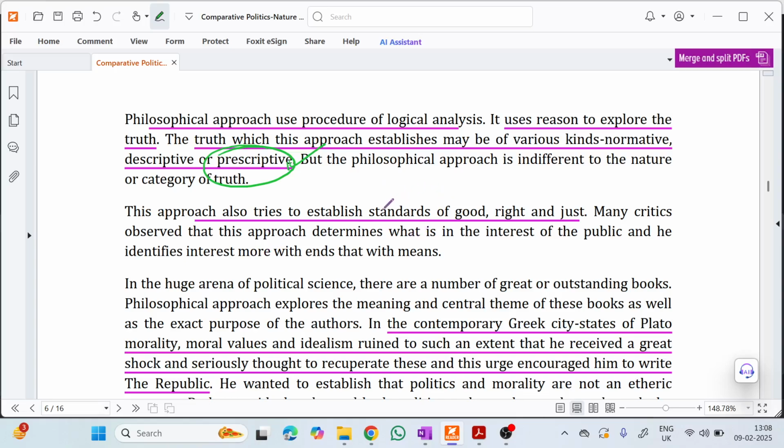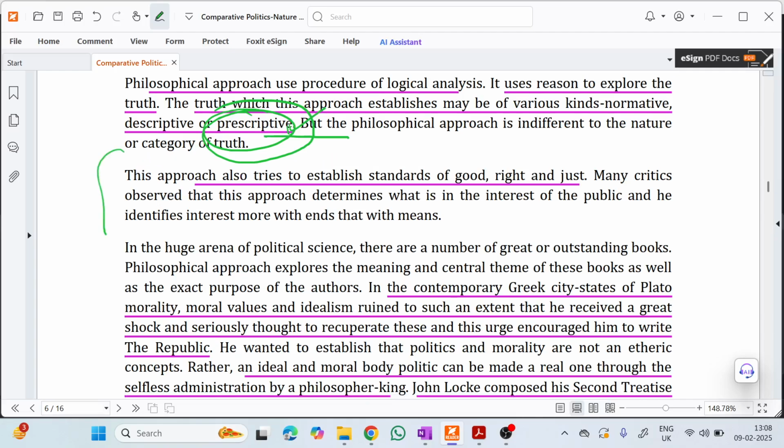What should be the logical sequence of events that one should follow in life so that one is able to peacefully throw a stone in water? And such prescriptions form the elements of prescriptive truth. Then this approach also tries to establish standards of good, right, and just.